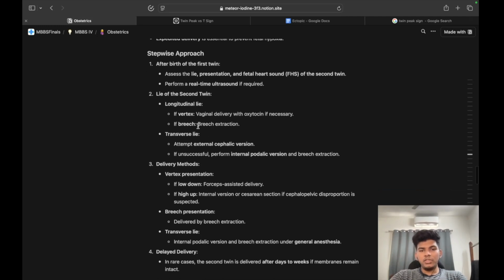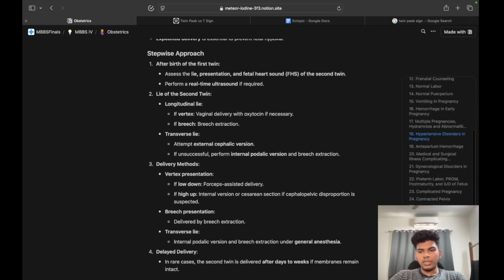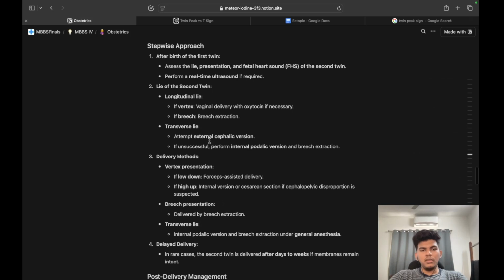If it is breech, we do breech extraction. There is a separate section on breech, under abnormal presentation; you can take a look over there. Transverse lie: attempt external cephalic version, ECV. If unsuccessful, perform internal podalic version with breech extraction. So that is transverse lie.